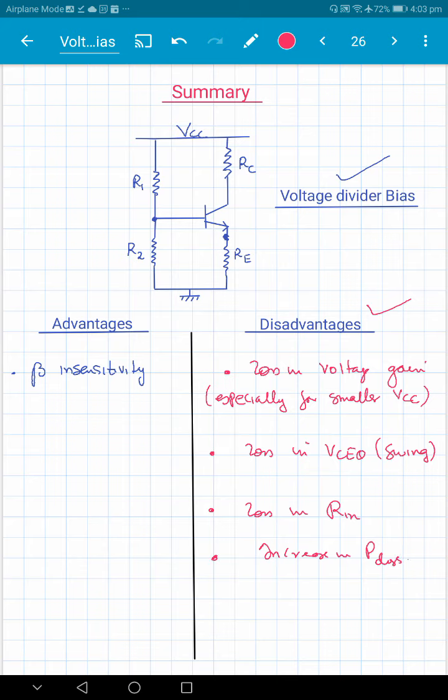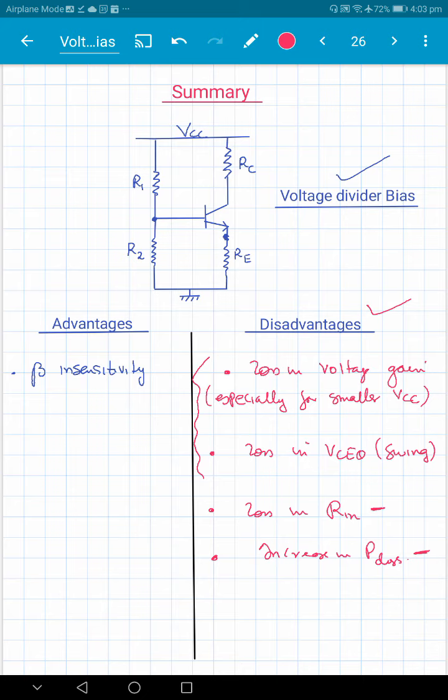But if we have properly designed this particular bias circuit, these are not so significant. But the loss in voltage gain and loss in VCEQ are very significant here. And we had seen earlier that the circuit is more sensitive to R1, R2, RE, the resistances that are there.